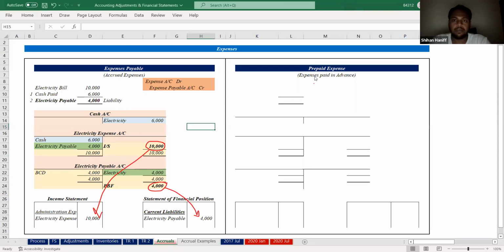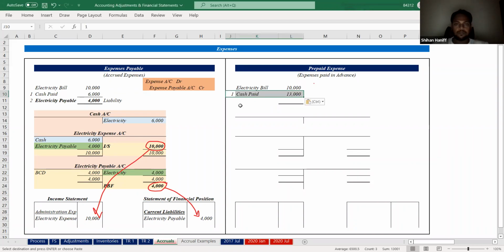Next, prepayment. Expenses paid in advance. Prepaid expense. Now I am taking the same example. Electricity bill is 10,000. Now here, you are paying more. 13,000 paid.